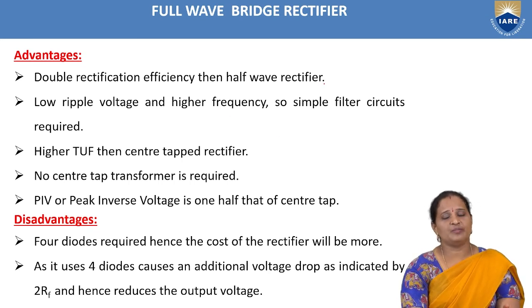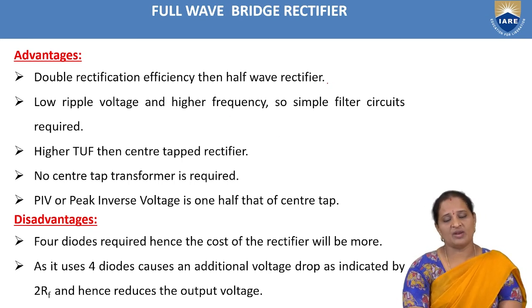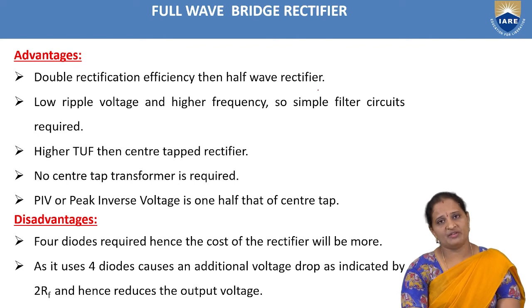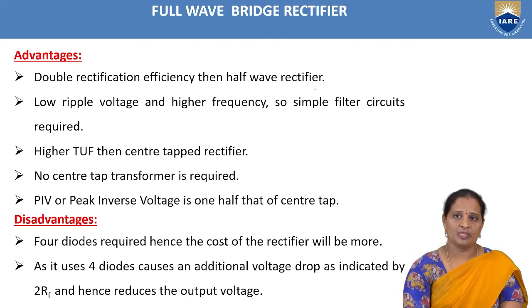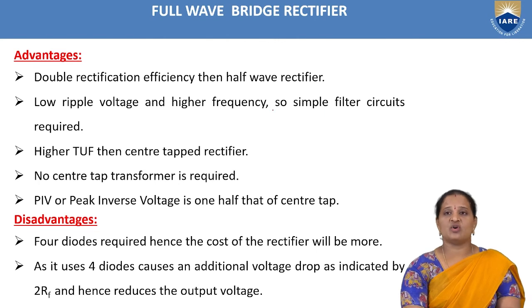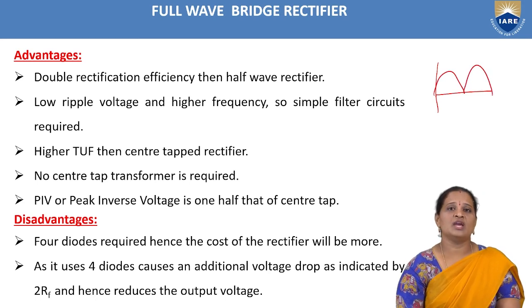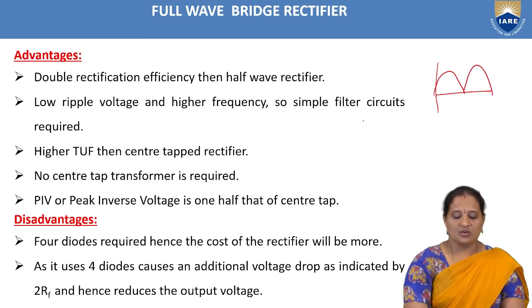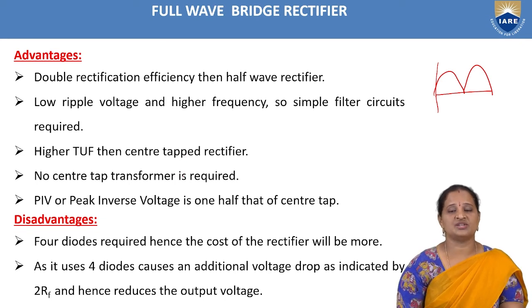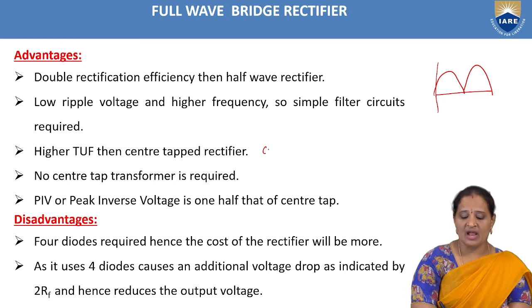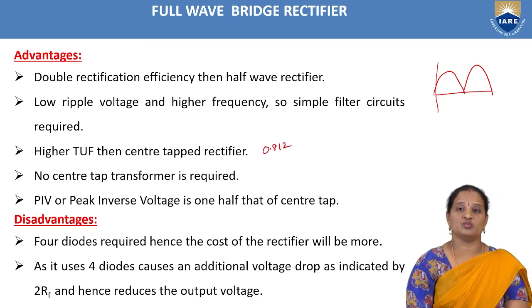Efficiency is improved, that is 81.2 percent, which is double the efficiency of the half wave rectifier. The ripple factor is reduced, up to 0.482. And the frequency is also improved here, because we have 2 cycles. The transformer utilization factor is more when compared to the center tap full wave rectifier, whose value is 0.812.